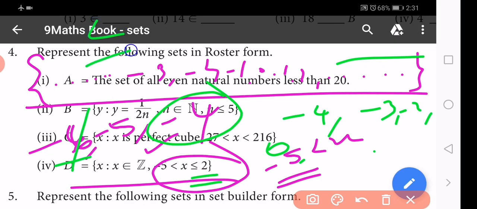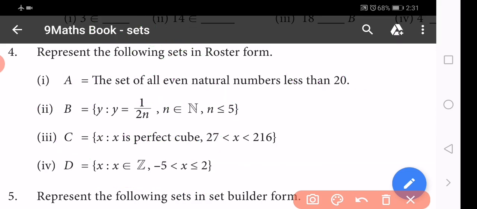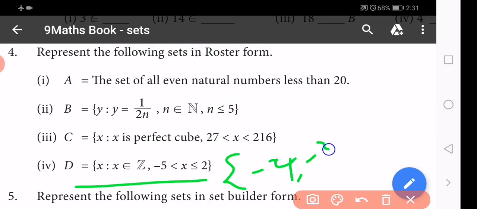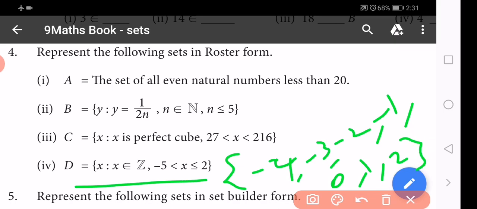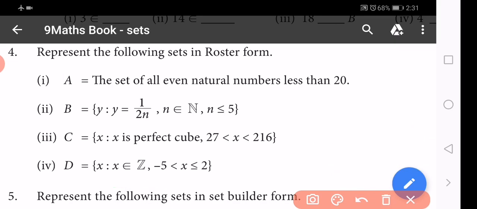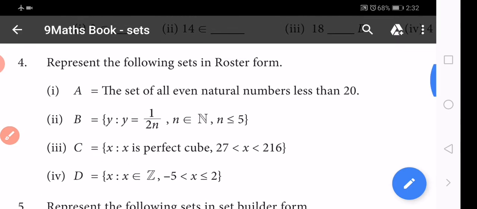Less than or equal to 2 means up to 2. So -4, -3, -2, -1, 0, 1, 2. This is the answer. Okay, so this is the roster form. Do you understand?